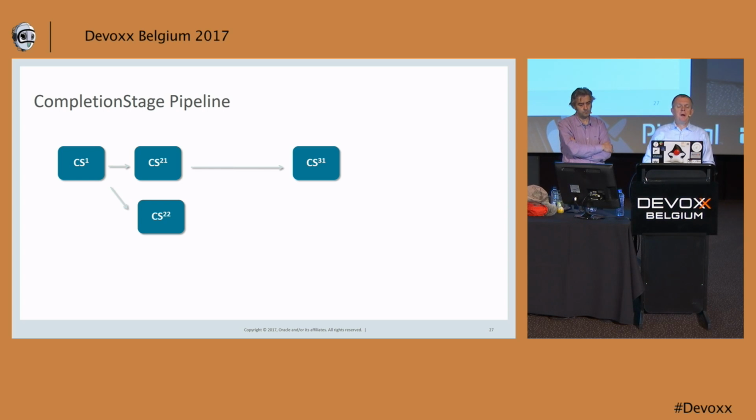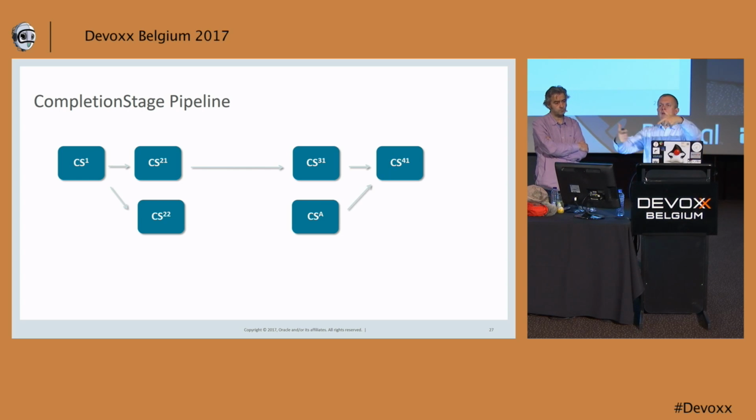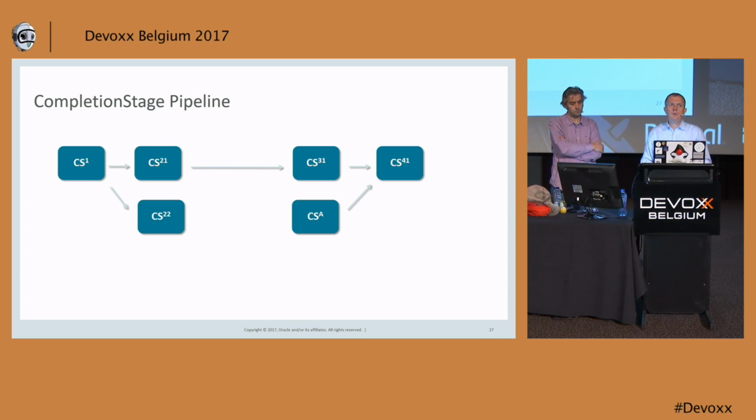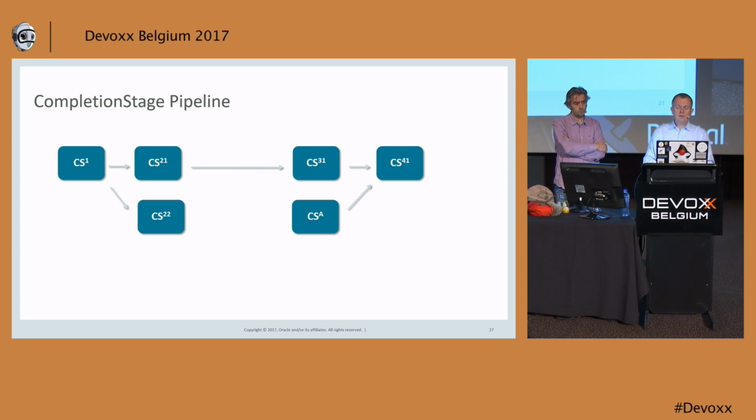In the first branch of the pipeline, once we have the forecast, maybe we want to do something else with it. So there is another task that is triggered. And this third task will in fact have to wait for another task that has nothing to do with it. But on the completion of those two tasks, we are going to trigger the last task of our process. So this is the kind of pipeline that we can build using this completion stage API.